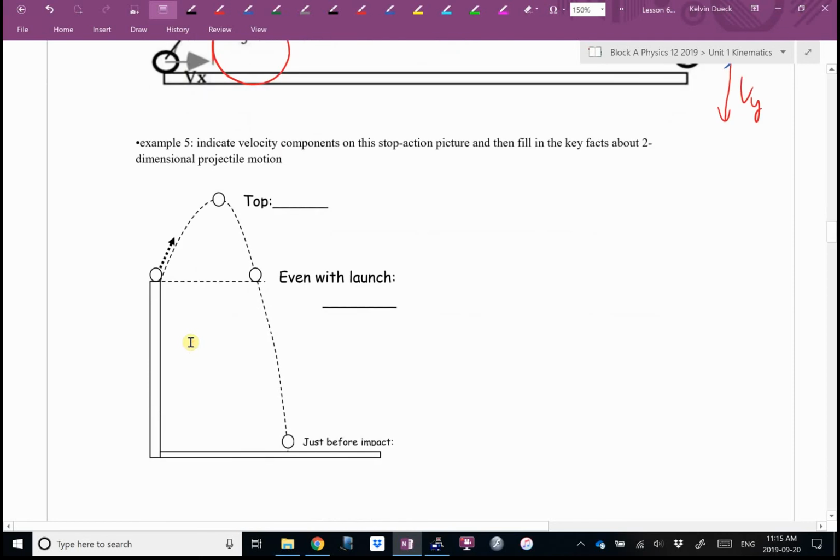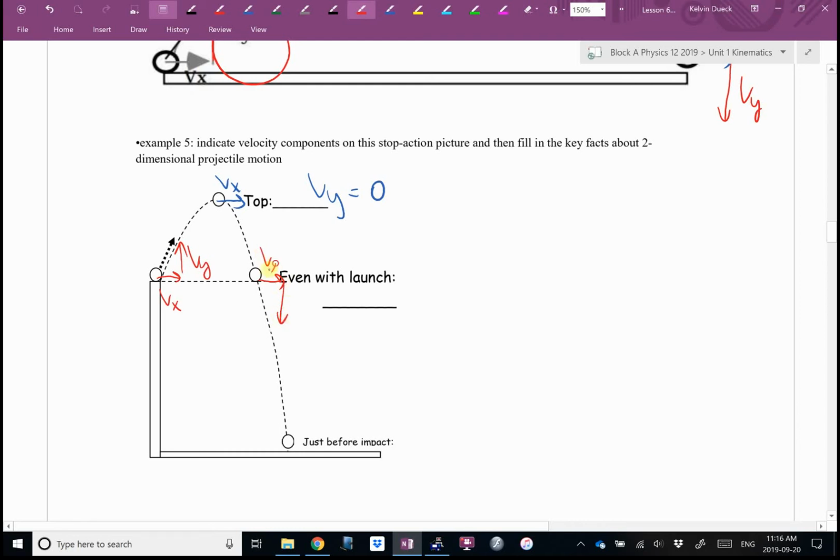Here is a cliff at an angle. What would the velocity components be? If I broke this up into components, I would say, okay, that's Vx, that's Vy. At the top, for a split second, what's Vy? Vy is 0. So the only velocity component would be the Vx, the same length as the one that I drew leaving the cliff. When I get even with the launch, Vx would still be the same length.